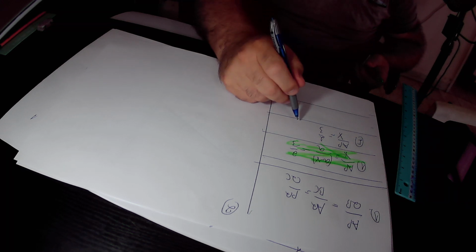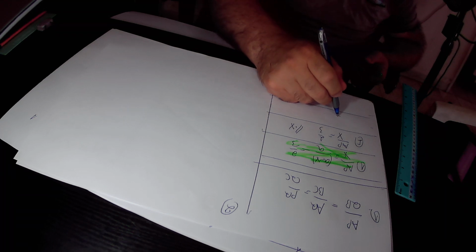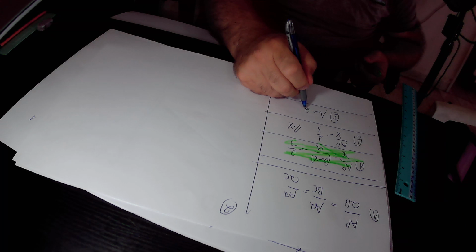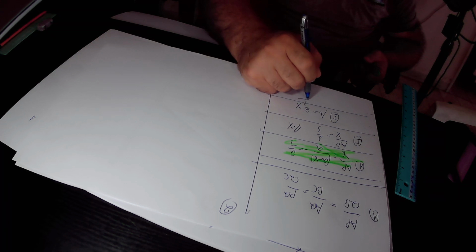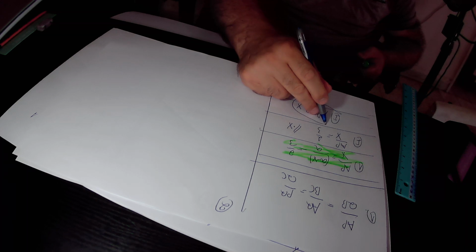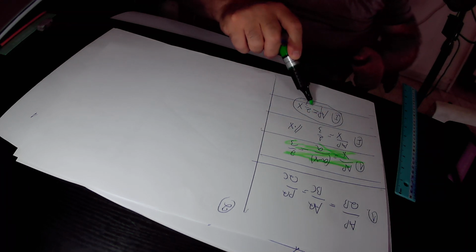Here we multiply this equation 1 by x, and finally get that according to equation 1, AP equals 2/3 x.